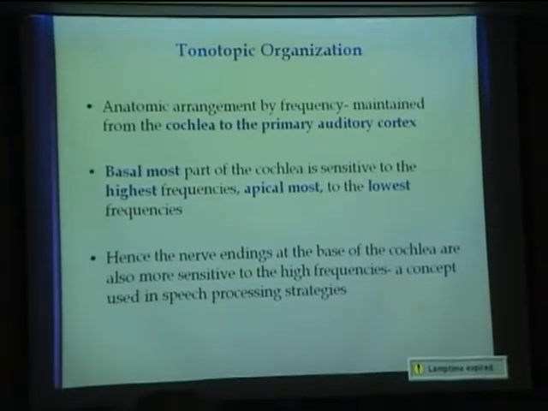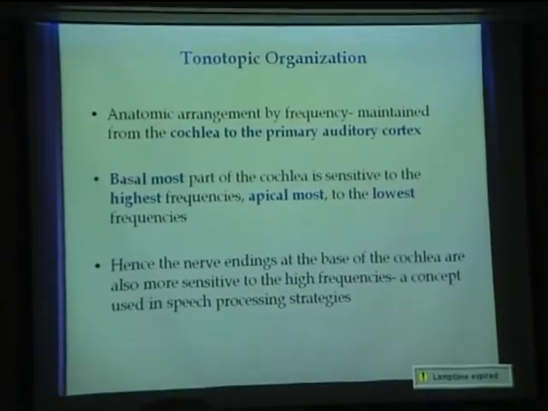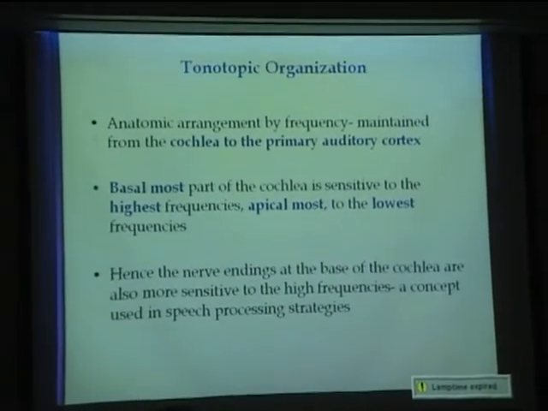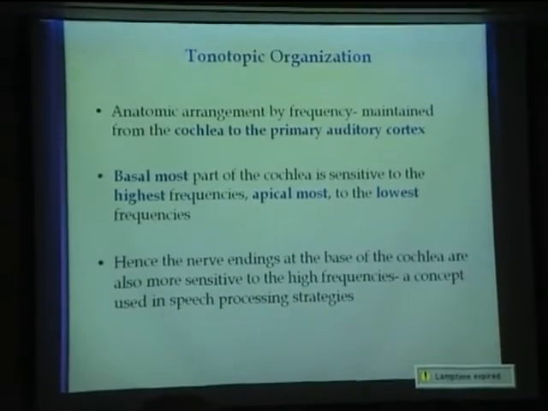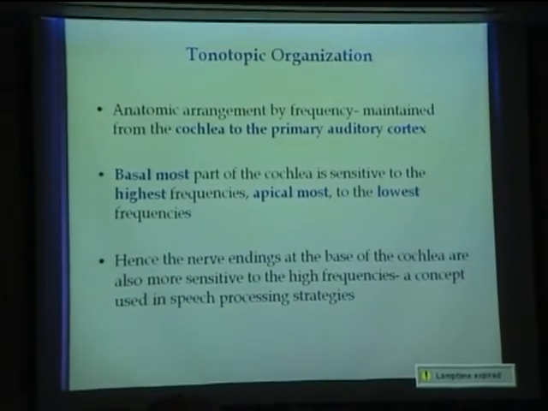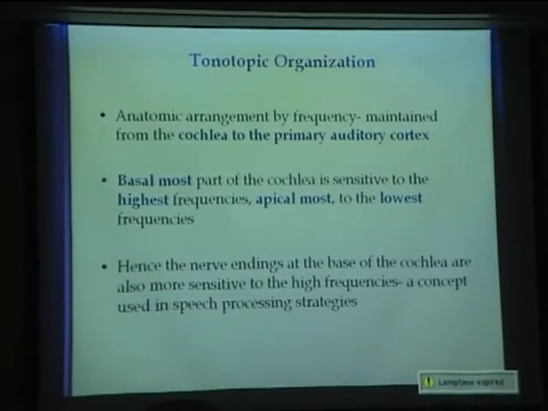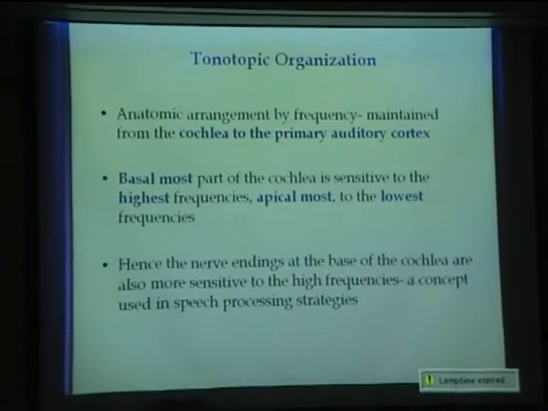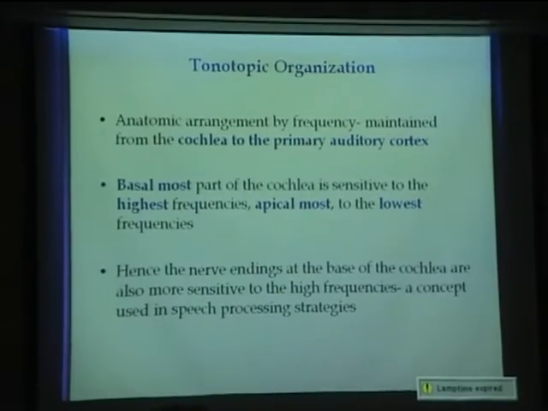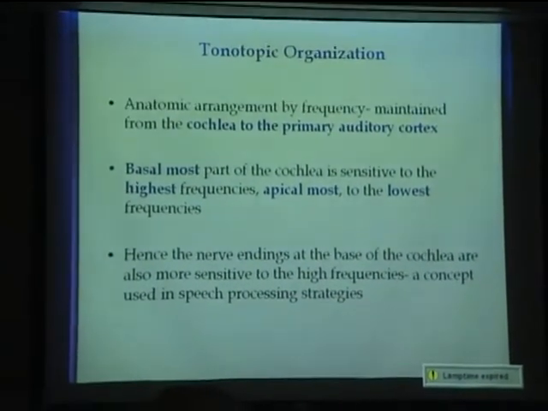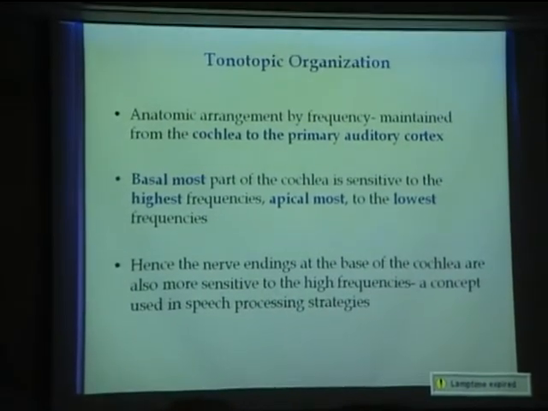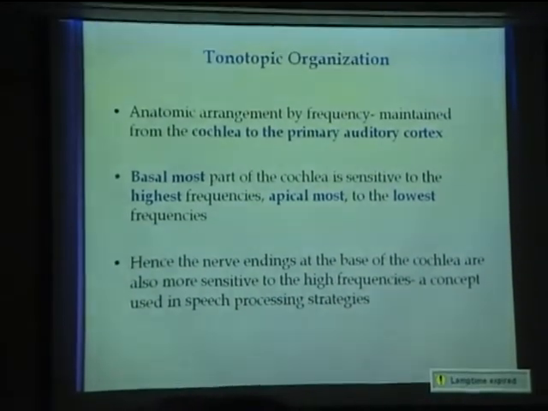Now, one very important part of the system, which is very important when we think about multi-channel cochlear implants, is something called tonotopic organization, which is the anatomic arrangement by frequency, which is maintained right from the cochlea up to the primary auditory cortex. We know that the basal-most part of the cochlea is sensitive to the highest frequencies and the apical-most end of the cochlea is sensitive to the lowest frequencies.